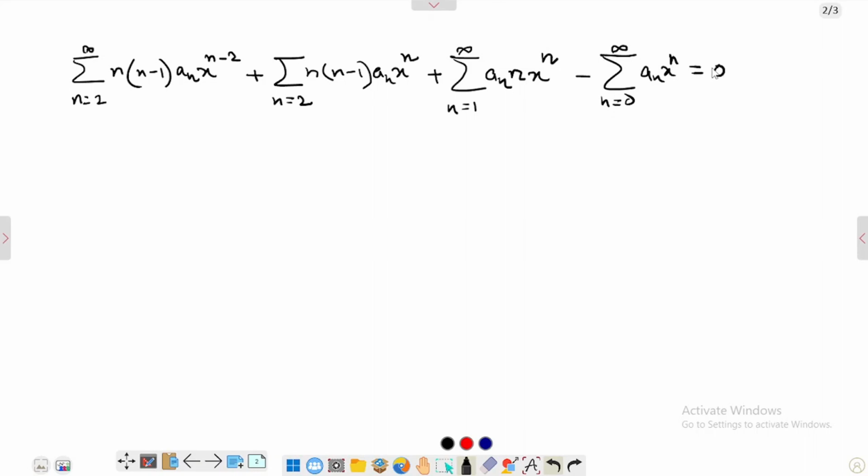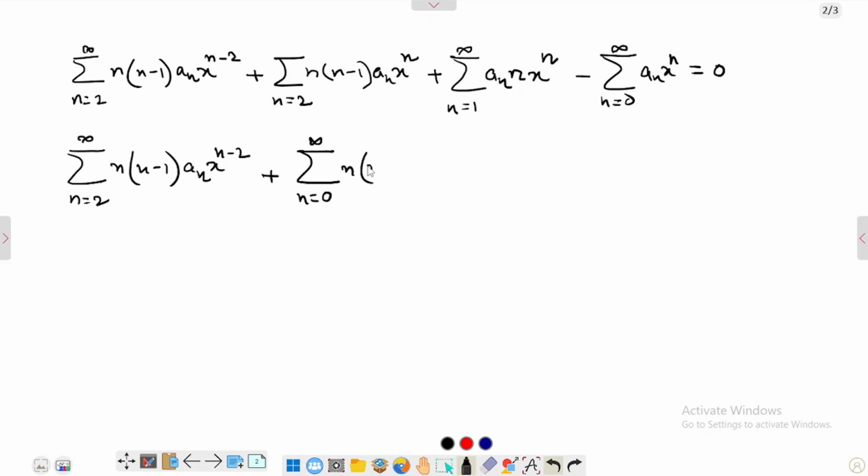equal to 0. After I got this equation, next I will make the sums like this: sum n equal to 2 till infinity n(n minus 1) a_n x^(n minus 2), and the other sums I can start from 0 itself, 0 till infinity, because it gives the same value: if you put n equal to 0 the term is 0, and n equal to 1 also 0.